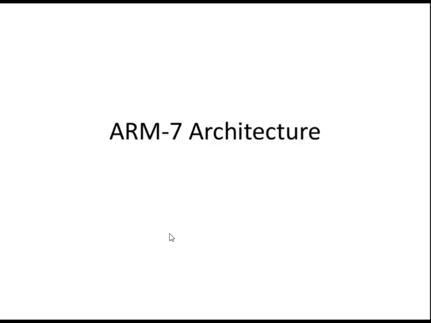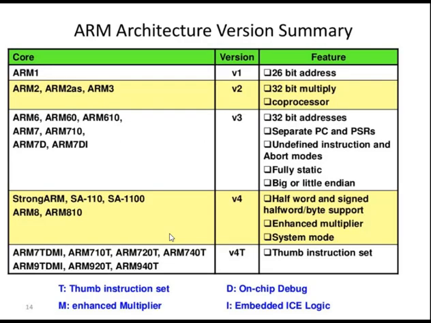Now we will go through the architecture of ARM7. But before that, we will see the different ARM cores, their versions and features. First, some short forms: T is Thumb instruction set, M is enhanced multiplier, D is on-chip debug, I is embedded ICE logic.